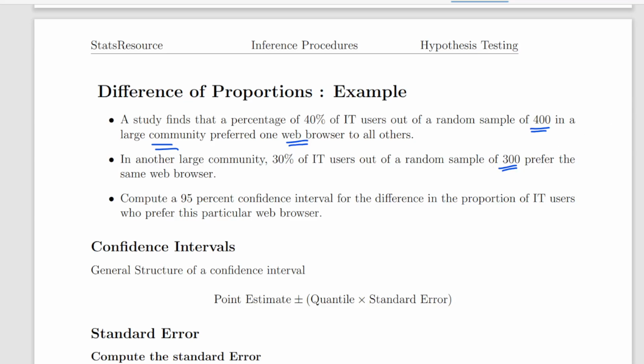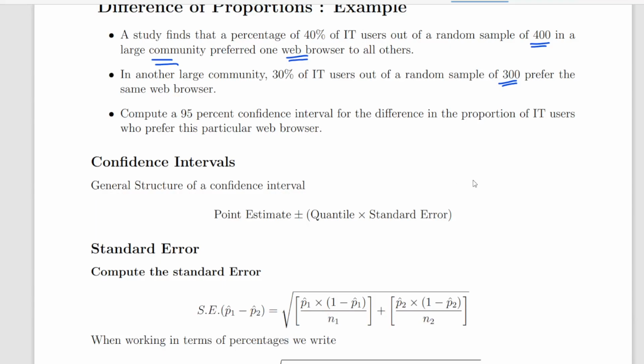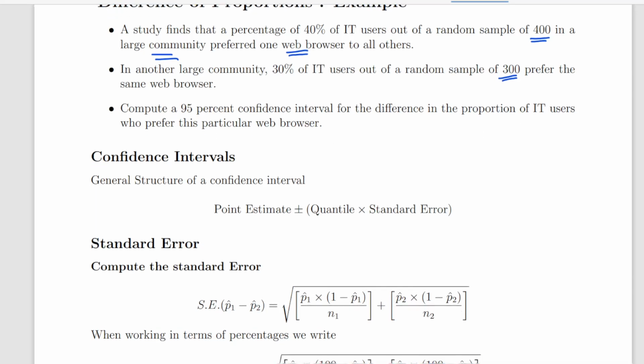This is a bit of an old-fashioned question in terms of technology, but this is the thing that people used to talk about back in the old days. Compute a 95% confidence interval for the difference of proportions of IT users who prefer this particular web browser.